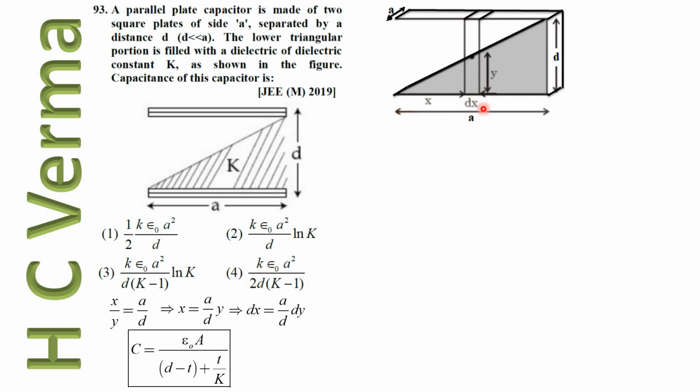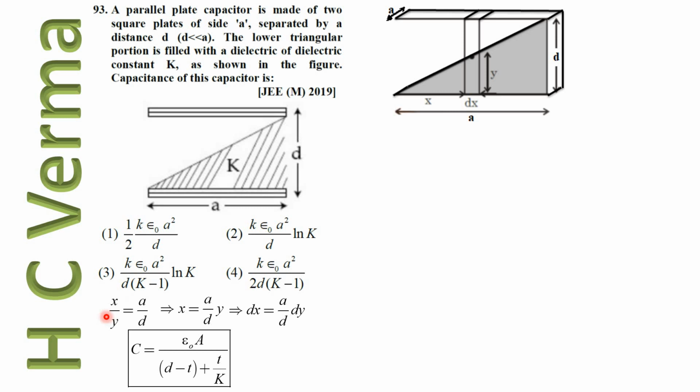So this ratio, base a by perpendicular, is equal to cot theta. Base a upon the height of this triangle, and base x upon the height of this triangle, which is y, are both equal to cot of this angle, so they must be the same.